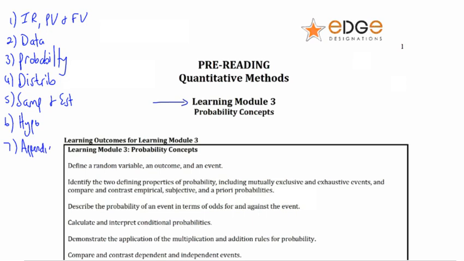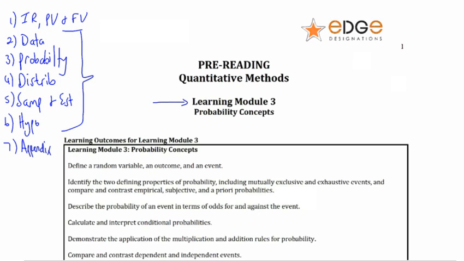Not an unimportant appendix, but an appendix notwithstanding, which deals with all the various tables that we use as we move from learning module 2 all the way down to hypothesis testing. We're going to see the Z table, the T table, all the various tables that we work with. Those are all contained in learning module 7, which in fact is an appendix.